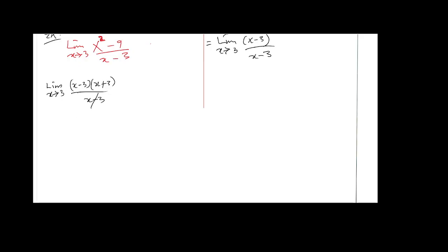We can see that this can cancel out, so that what we have left will be the limit as x approaches 3 of x plus 3. Now we can go for direct substitution, meaning as x approaches 3, we are going to have 3 plus 3, right, which will give us 6. And this is our final answer.